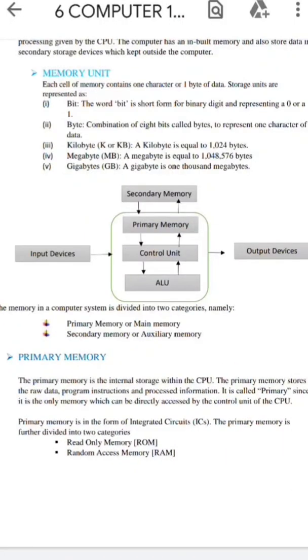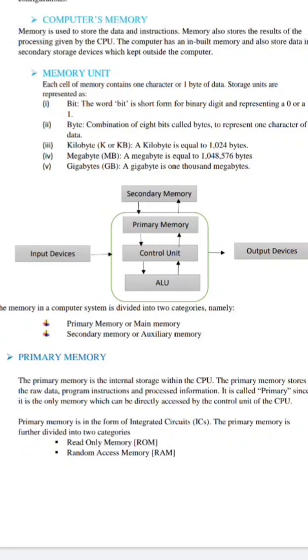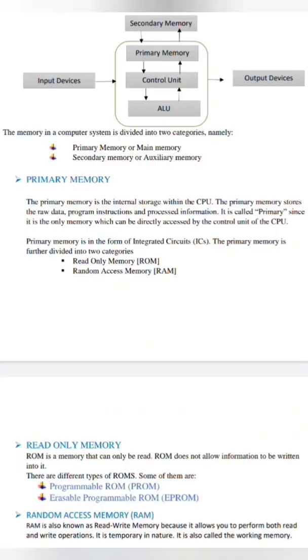Now we'll see the points on primary memory. Okay, why is it called primary memory? It is called primary since it is the only memory which can be directly accessed by the control unit of the CPU. Primary memory is also known as internal memory or main memory. Primary memory is more expensive than the secondary memory.